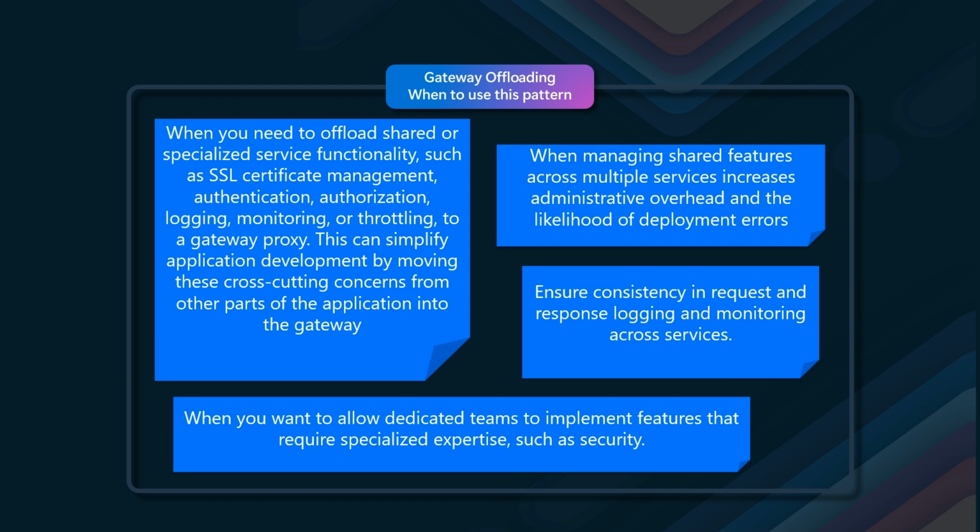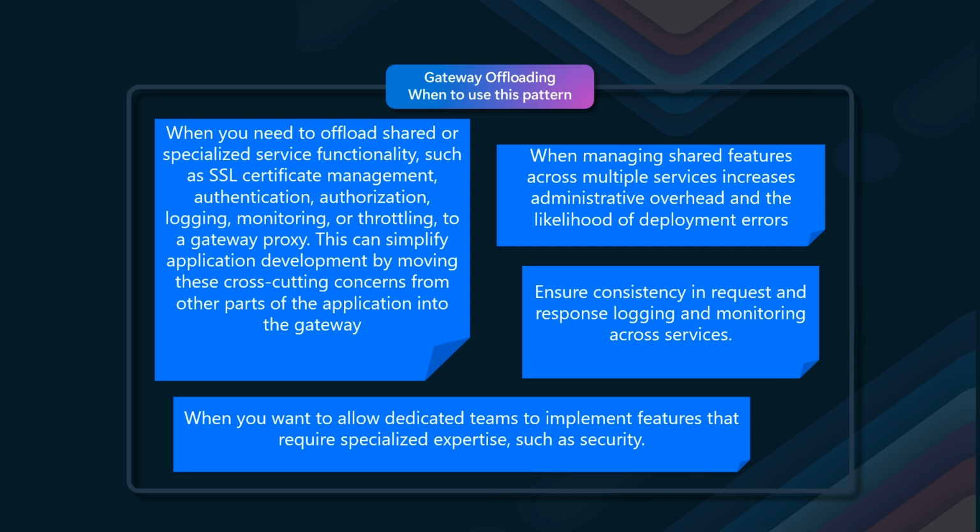When you want to simplify the configuration and management of supporting resources such as web service certificates and secure website configurations, offloading the responsibility to a gateway can make service upgrades simpler and more manageable.